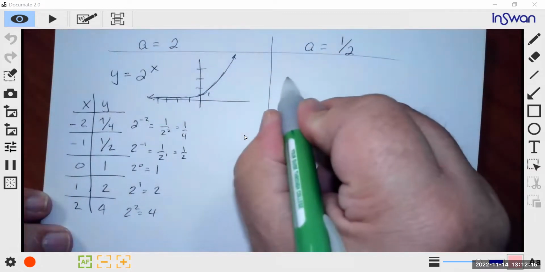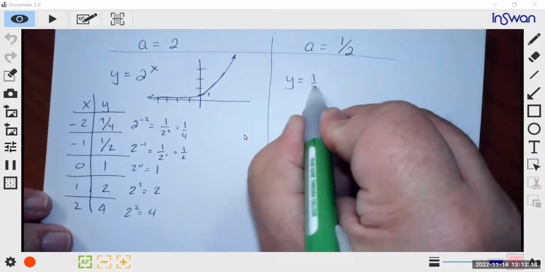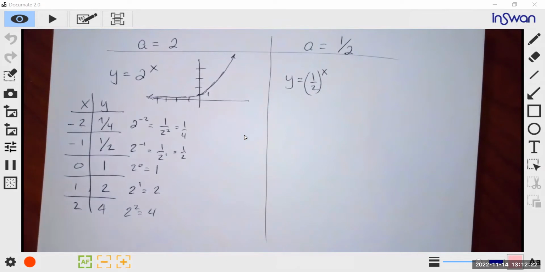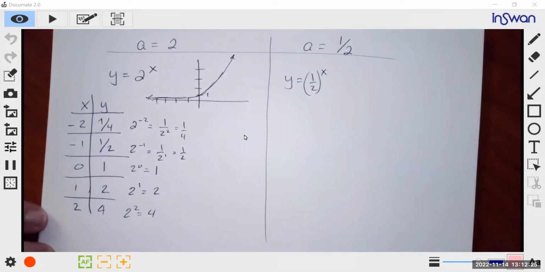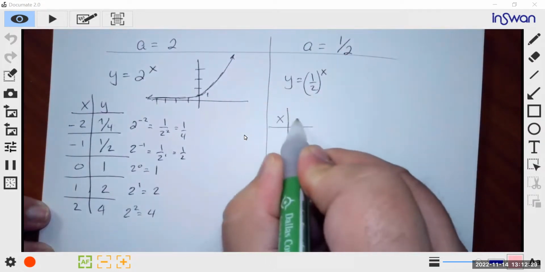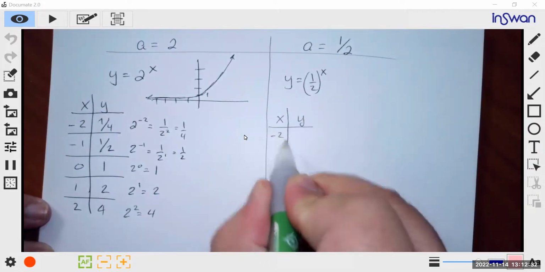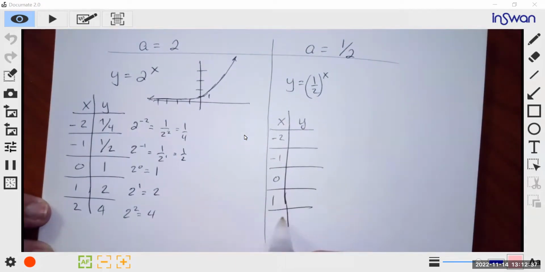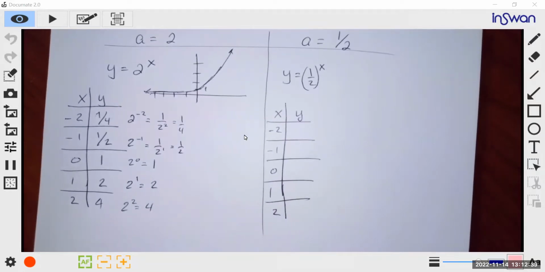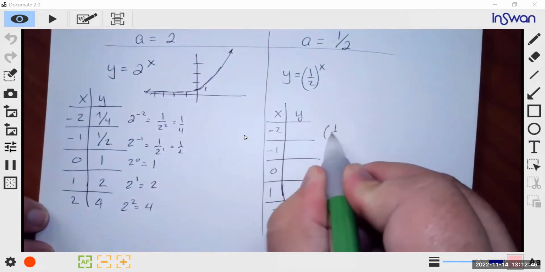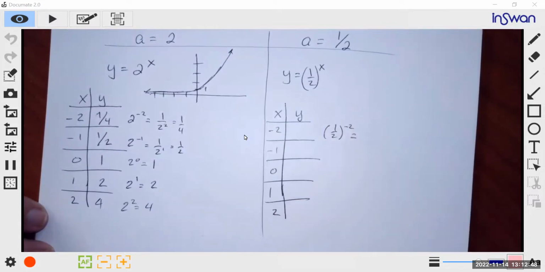Let's look at 1/2. We use the same numbers because the domain's the same. So if x is -2, you have 1/2 to the power -2.